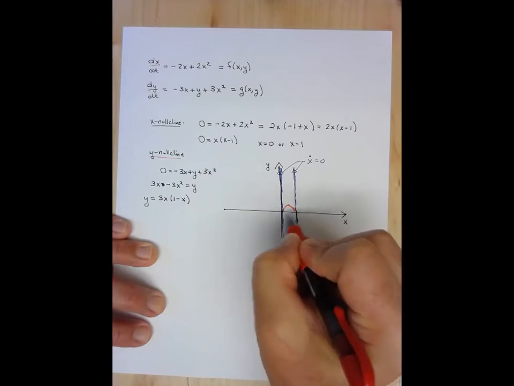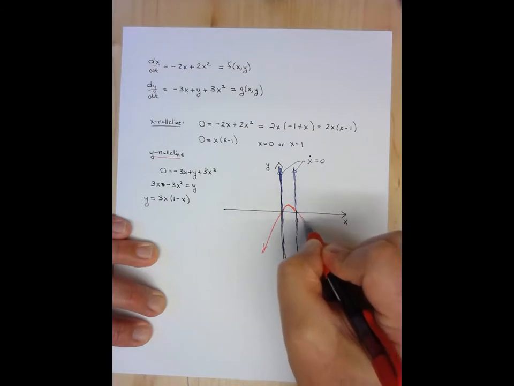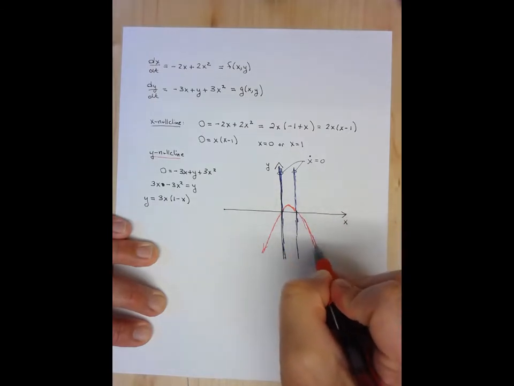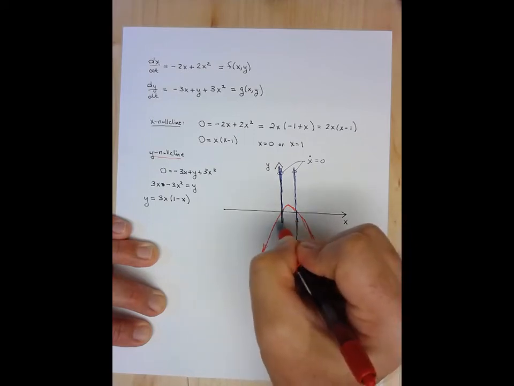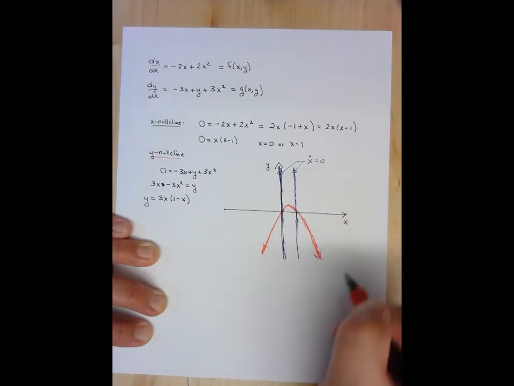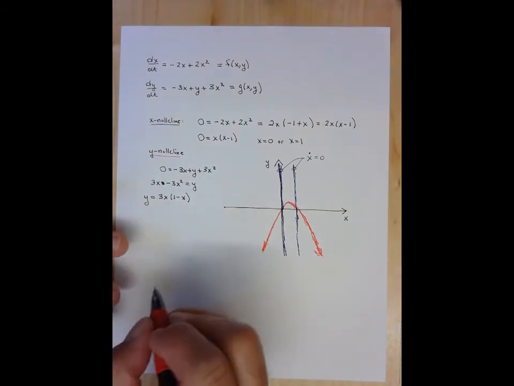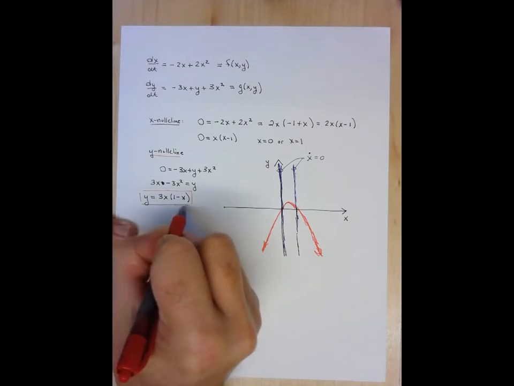So I'll attempt to sketch a concave down parabola that intersects the horizontal axis at 0 and 1.